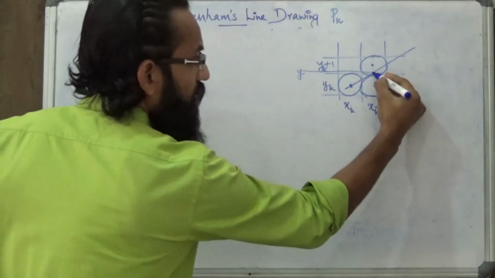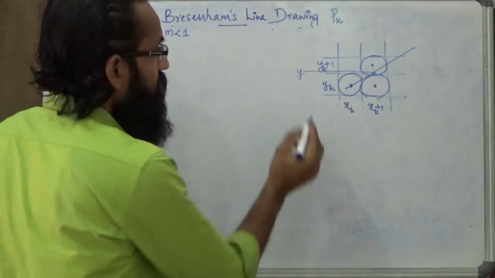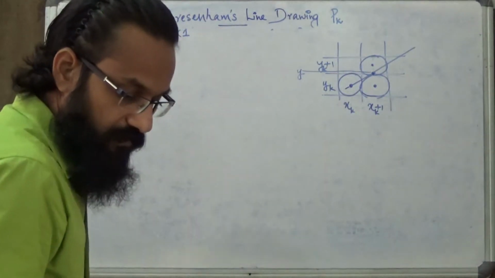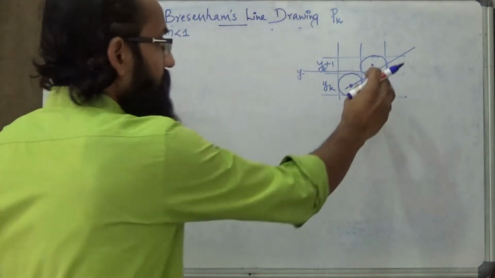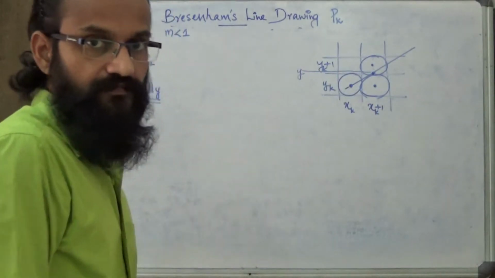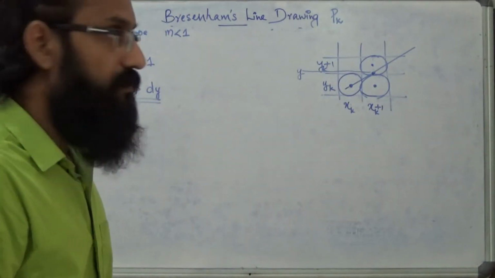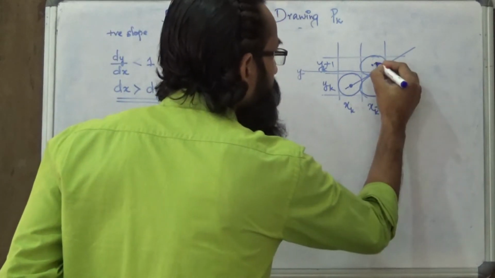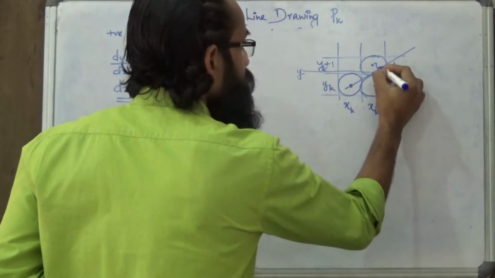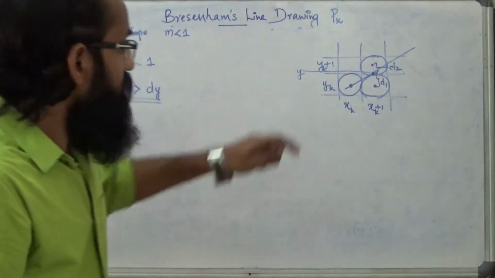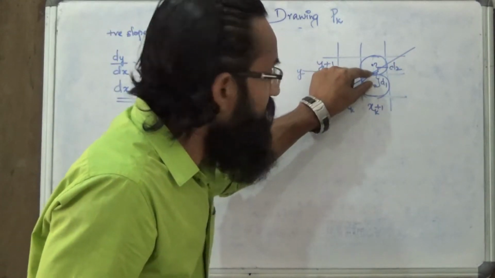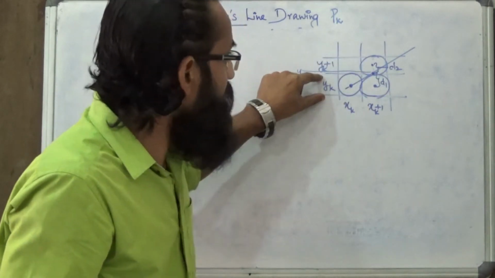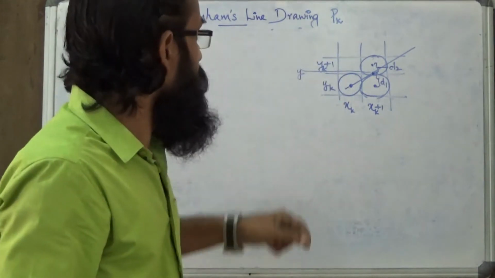So the point xk plus 1, y is on the actual line path, but our question is which pixel to be selected. So that depends upon the distance d1 and d2. So if d1 is lesser, then that means the lower pixel, that is the pixel in the scan line yk, is closer to the actual line path.